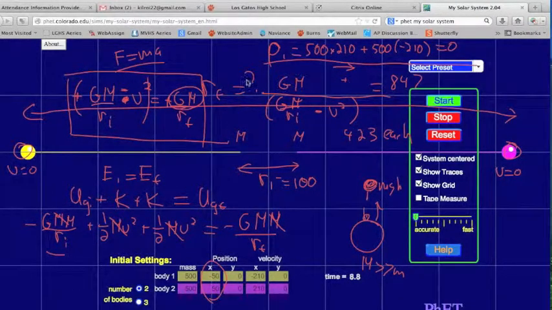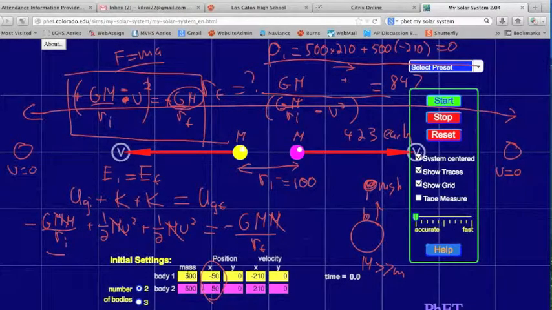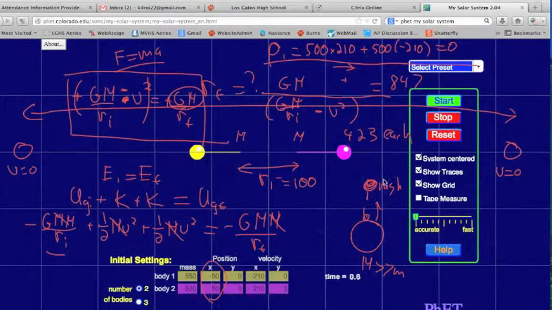Let's see here. And so what if we change body one's mass to 550? What's going to happen now? It's going to change how far apart they get, and that would be a tough problem. You would again have to use momentum.